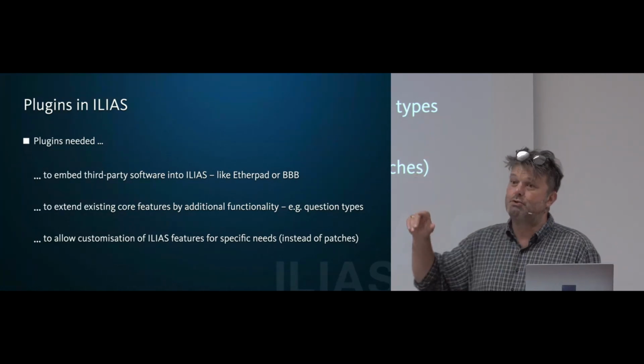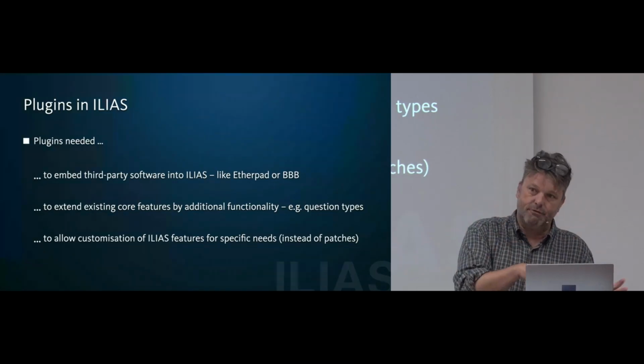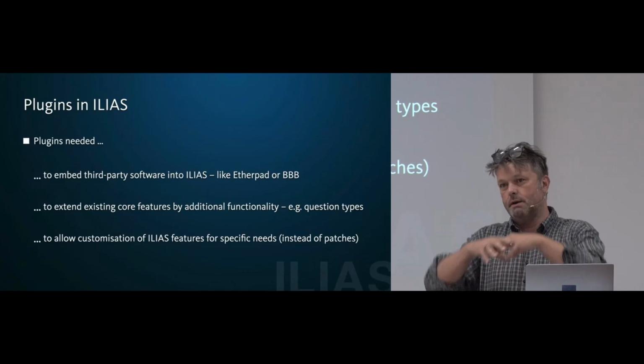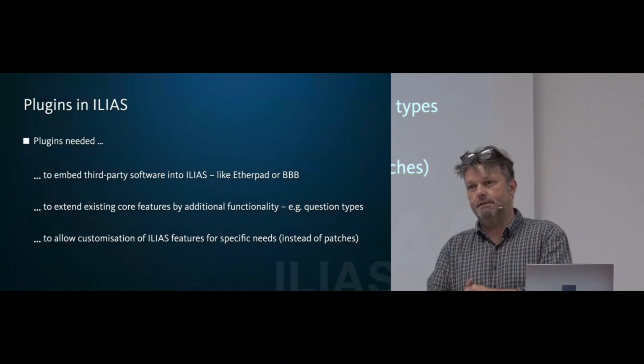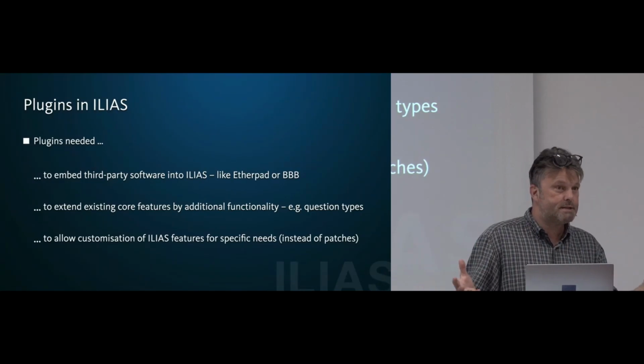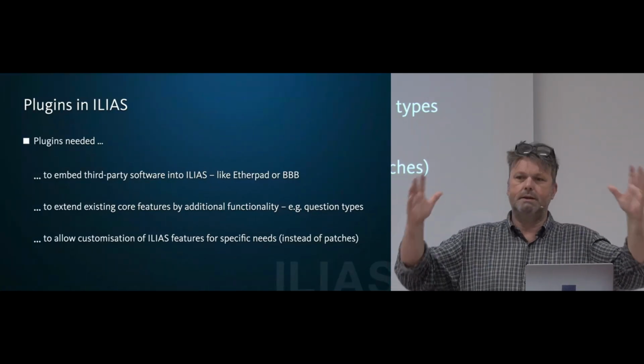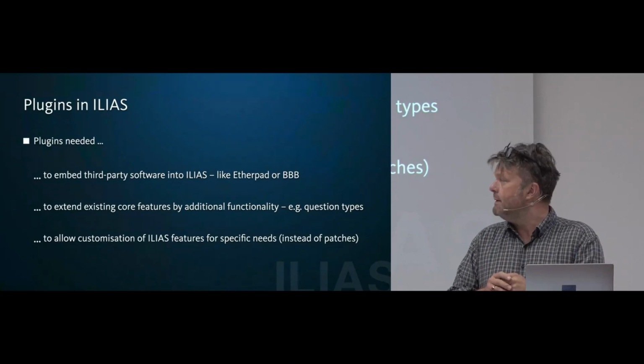Another option is to extend existing features and add additional functionality that is not offered by the core feature itself. One example is test and assessment. You have test and assessment with, let's say, 15 or 16 question types, if I'm right.